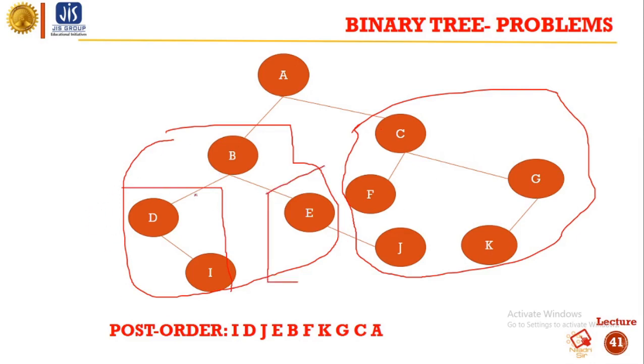If this is the left part, D and I are there. So D is the root, I is the right. So I will be first, after that the root, that is D. So the left part is done, then we'll go to the right part.